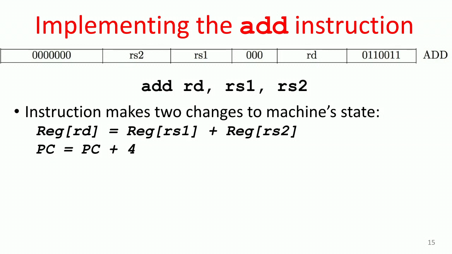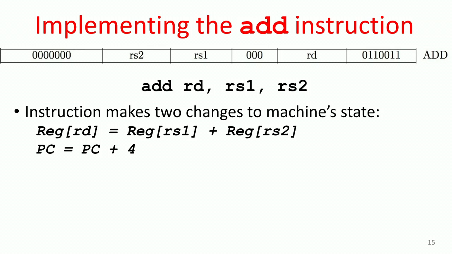The result goes back into the RD register, which is specified in that field. You can see the opcode field has this bit pattern in it, and along with that 000 it indicates that it's an add instruction.